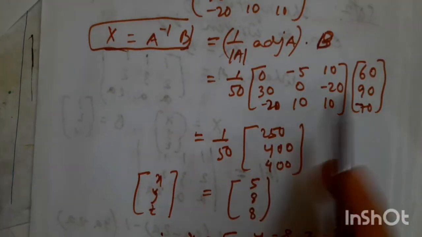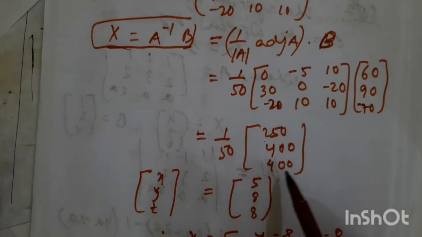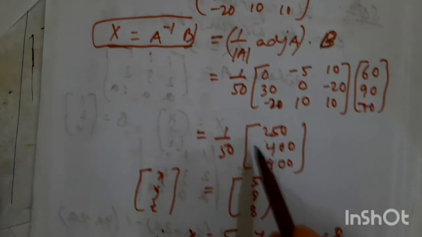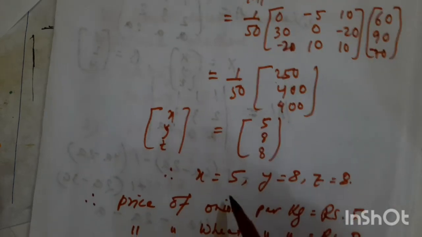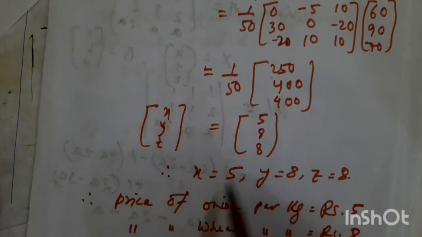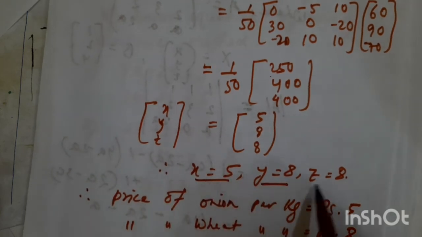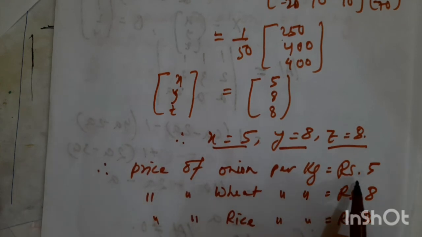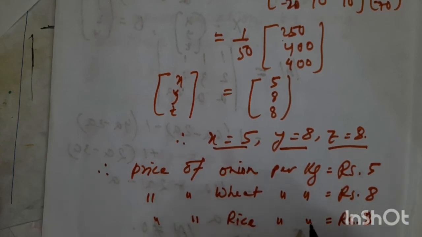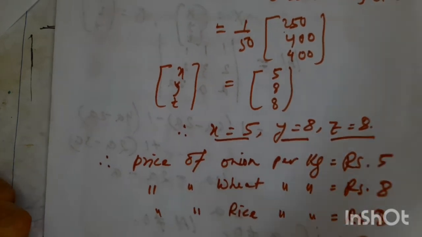After multiplication of these two matrices, we get 250, 400 and 400, and 1 by 50 will be multiplied with this. Equating these two matrices, we get x equal to 5, y equal to 8 and z equal to 8. Therefore the price of onion per kg is rupees 5, the price of wheat per kg is rupees 8, and the price of rice per kg is rupees 8. That is the required solution.